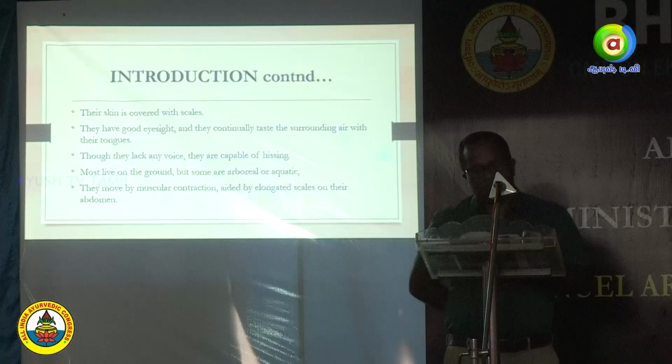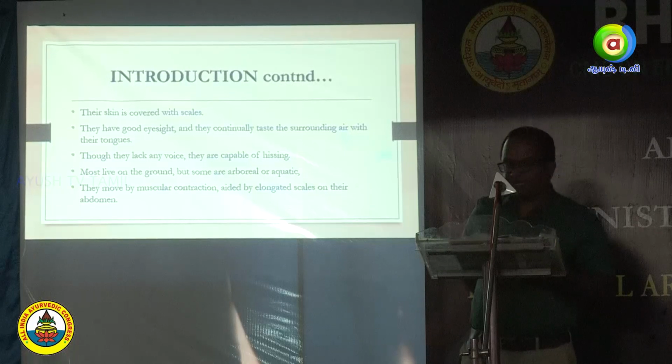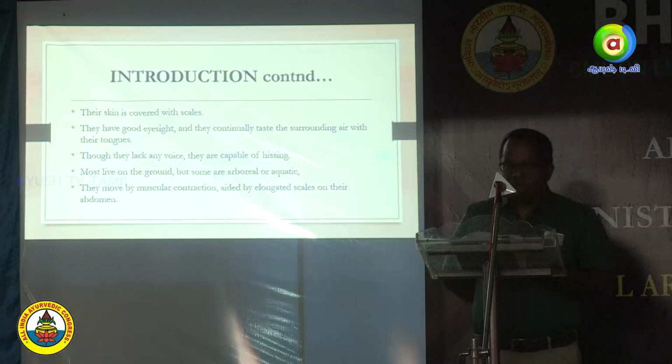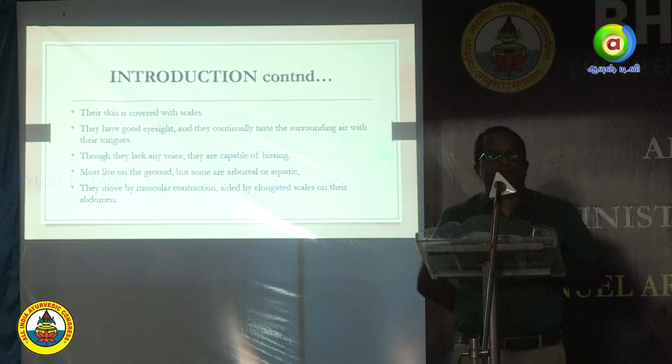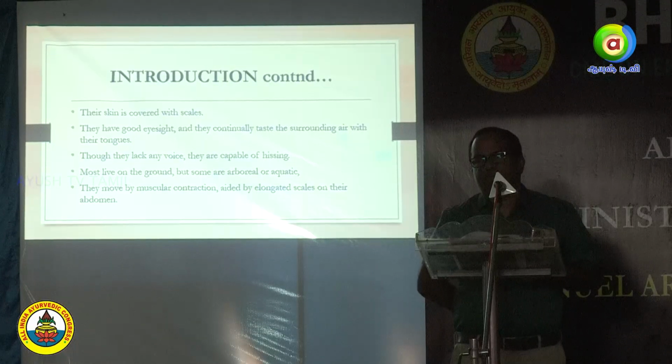Most snakes live on the ground. Some live in trees, arboreal, and some are aquatic, living in water itself. Why is this so relevant? Snake is considered the most hated animal in the animal kingdom, because it has very harmful effects on our human body.